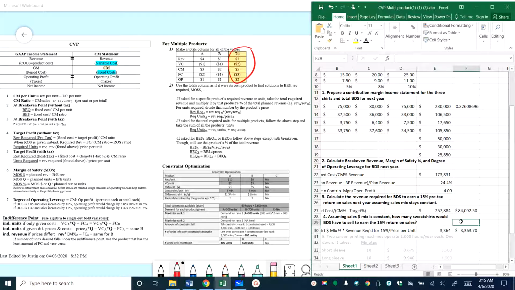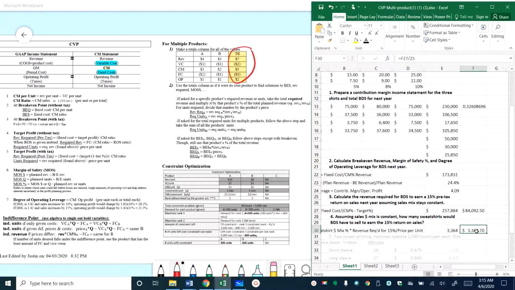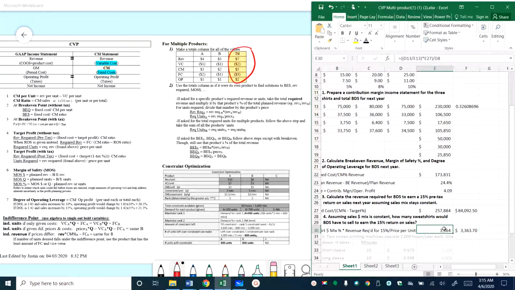And I think I should note here that they rounded up, and this is specifically because even if this said like 3,363.2, to hit that amount of money, you want to round up because you would rather sell a little extra over your benchmark and sell too much than to sell even a cent under your benchmark.